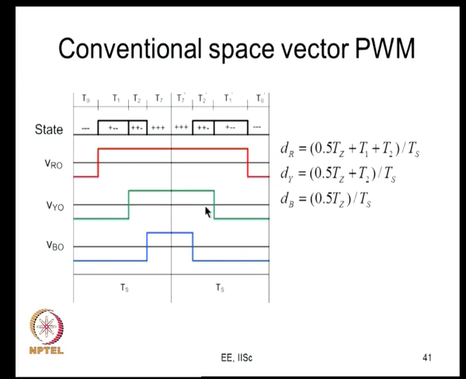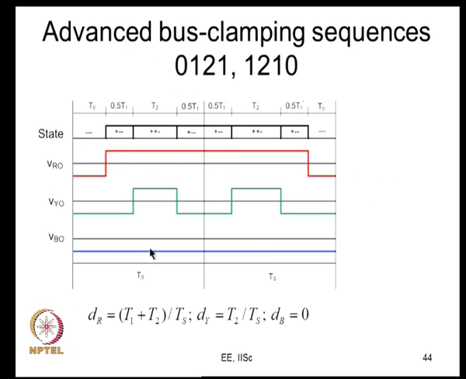If you look at the conventional sequence, you have all the 3 devices undergoing switching once, and there is some energy lost here, whereas if you look at here, one does not undergo switching, this one undergoes some switching energy loss, and this one undergoes 2 losses, one on and one off. So, if it so happens that this phase is switching a lower amount of current and this phase is switching a higher amount of current, then you gain by switching this phase twice and clamping this phase.